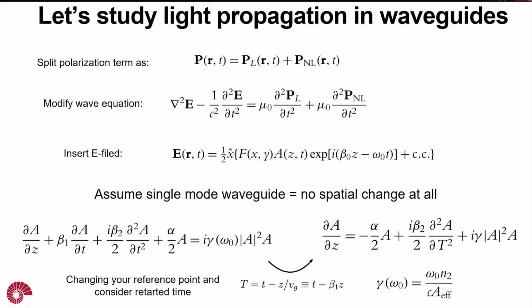We have this beta 1, which in a minute we will get rid of. We have beta 2, this second order dispersion. This is the dispersion which I told you about: because of the different colors, there will be different speeds, and because of that, your signal will spread, disperse in time. We have this term, which is the combination of gain and loss. Depending on that, you can consider whatever you want.